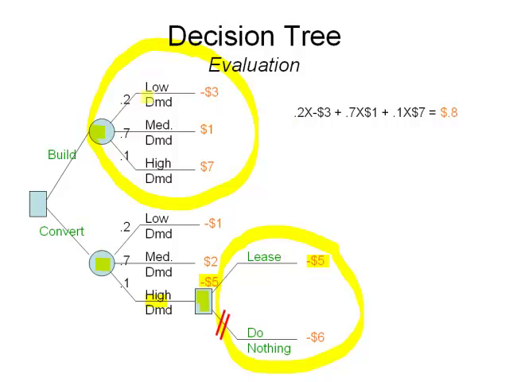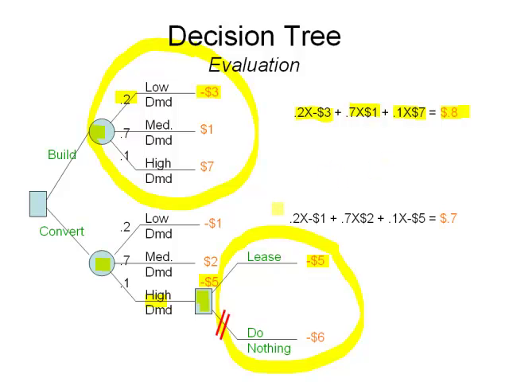For example, there's a 20% chance that demand is going to be low, and the payoff there would be losing $3 million. The other two probabilities times the payoffs are also reflected here. If you sum those three up, that works out to an expected value of 0.8 million.